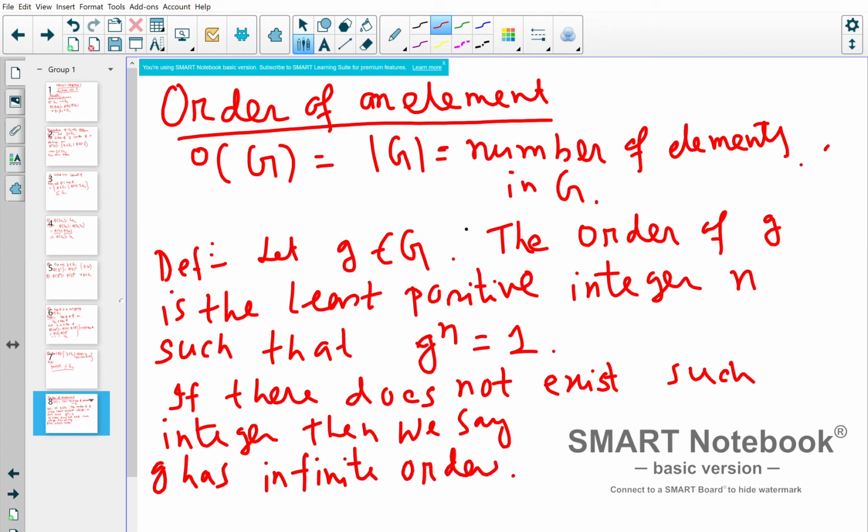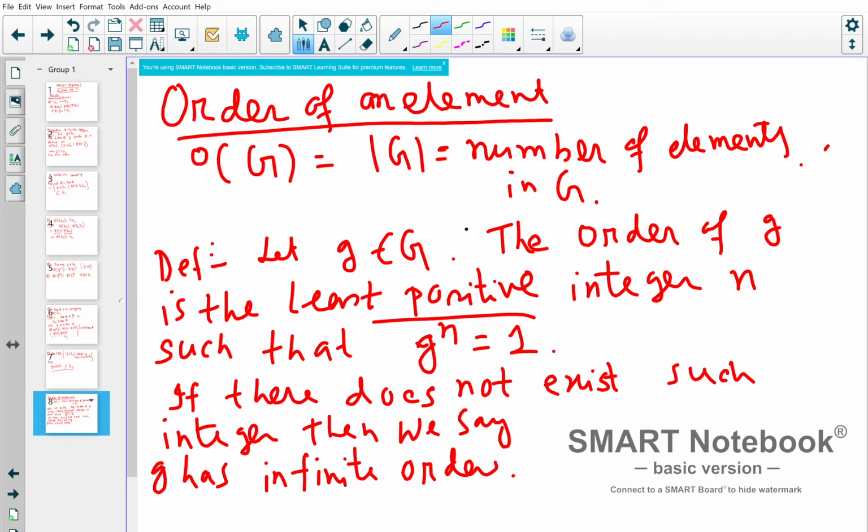Remember, this word positive is very important, because for any element, if you take the zeroth power, it will be identity. But zero is not a positive integer, so this positive condition is important.